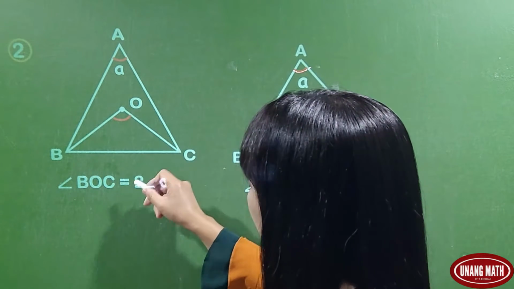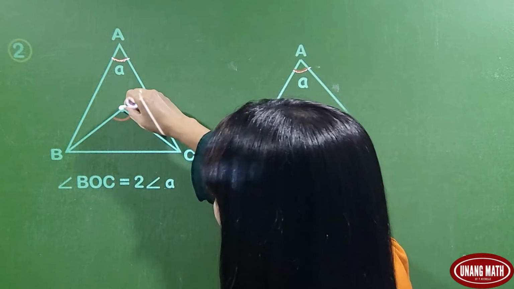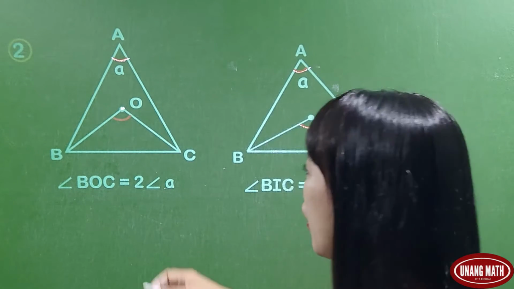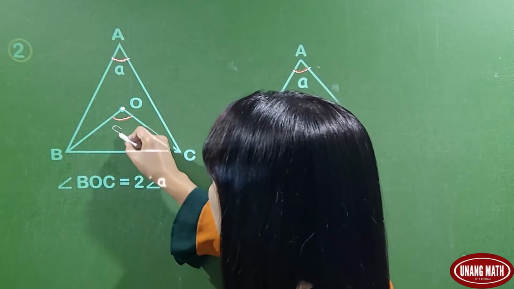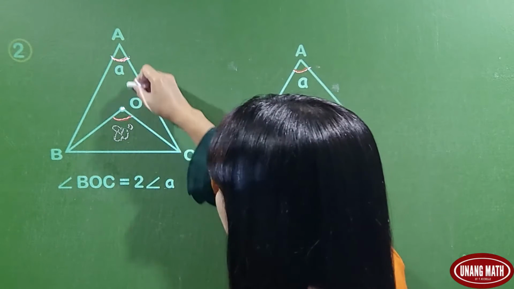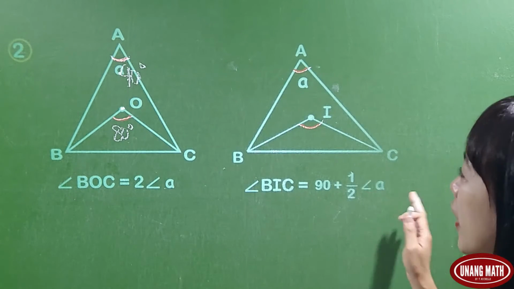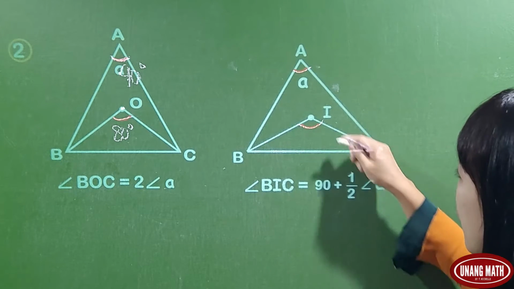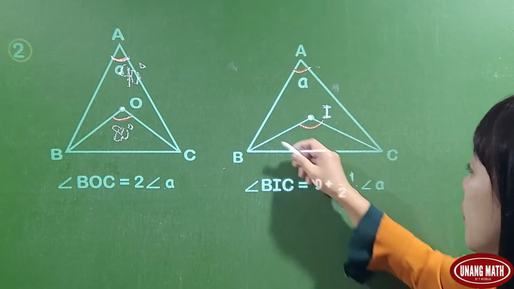Angle BOC is 2 times the measure of angle A, since this is our circumcenter. So if angle BOC, for example, is 80 degrees, then angle A would be half of 80 degrees, which is 40 degrees.